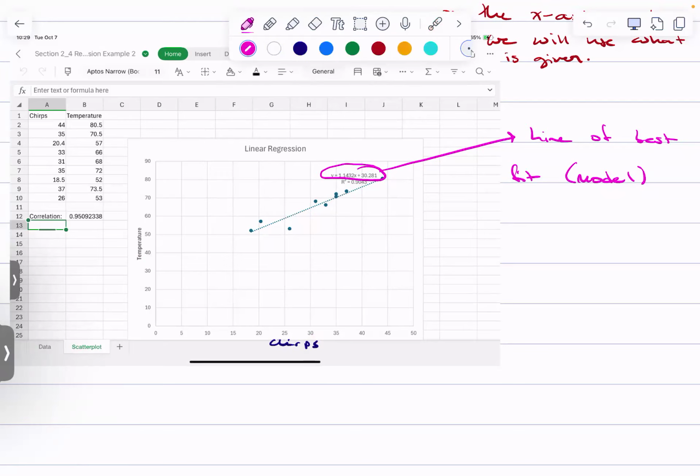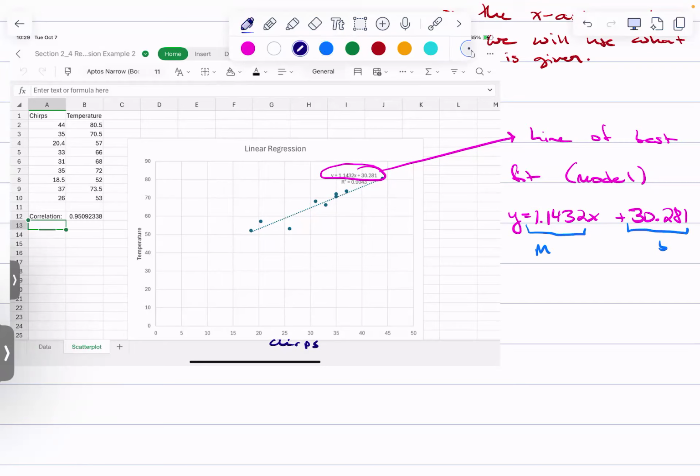So we're told that the line of best fit is y equals 1.1432x plus 30.281, which means our slope is 1.1432 and our intercept is 30.281 because it's not attached to the x.